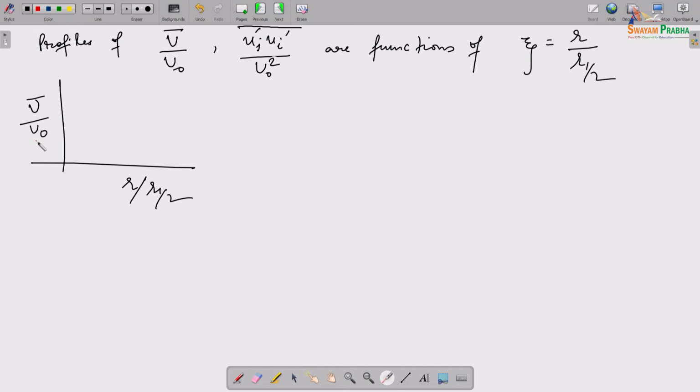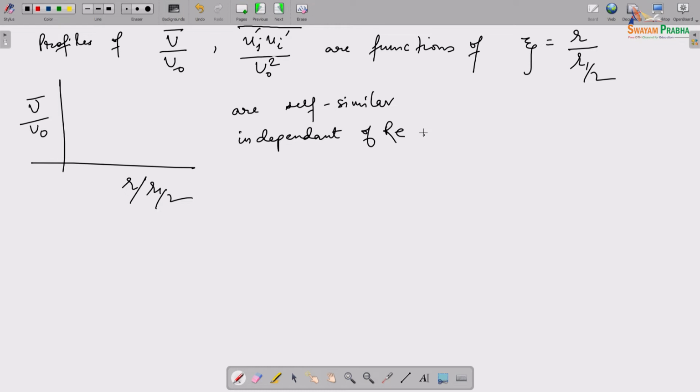It's self-similar. So these are functions of this, self-similar, and independent of Re.